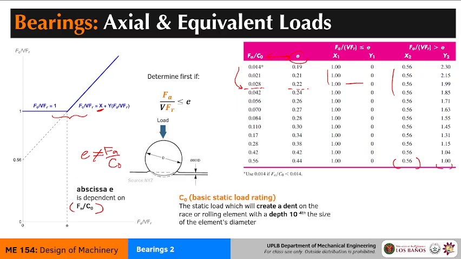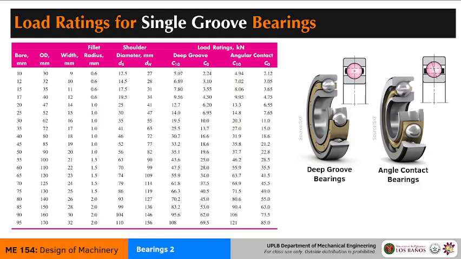So this one is increasing while this intercept here is constant. It's 0.56. So right, this is Fa over C0. Where do we get C0? C0 is actually found in this table here. You also find the rest of the dimensions of the particular bearings.